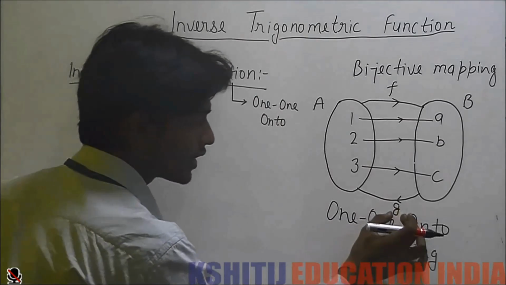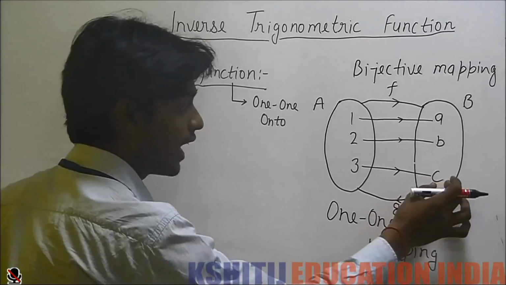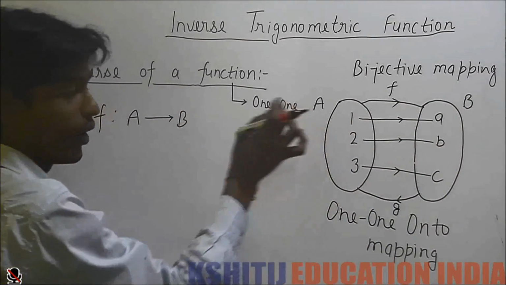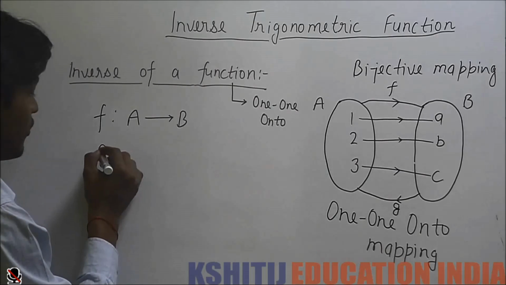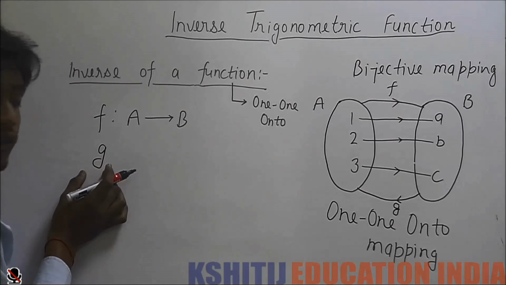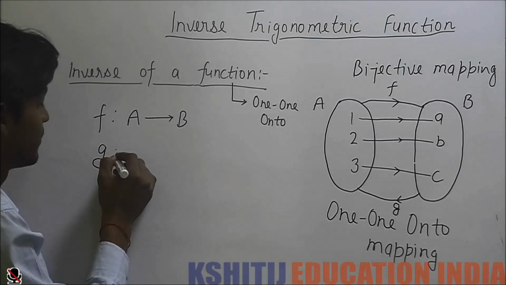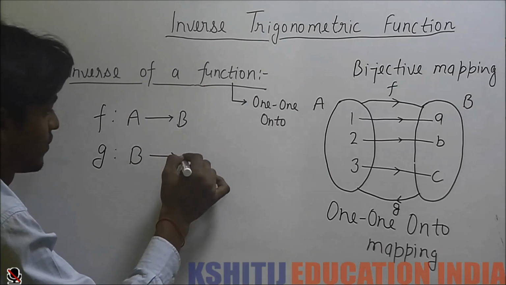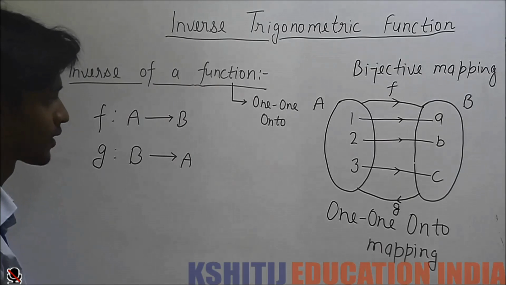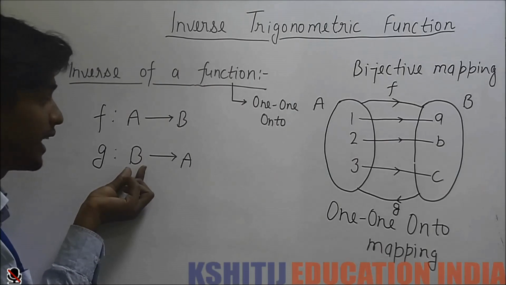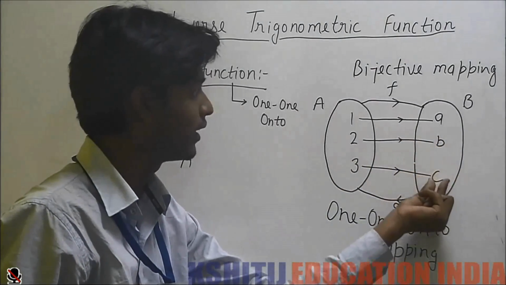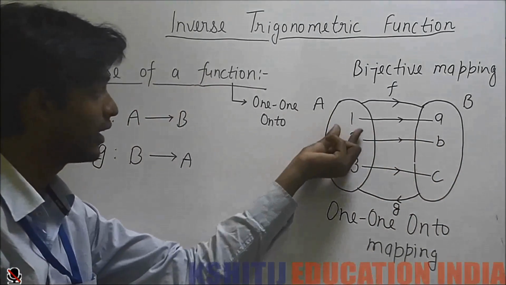Another function g relates the element of set B to the element of set A. Here we can define our other function g, which relates the elements of set B to the elements of set A.